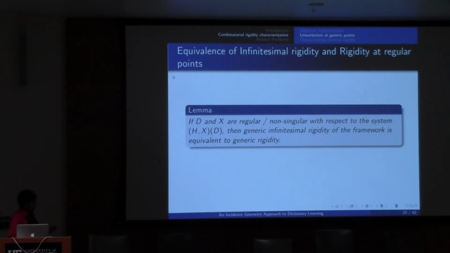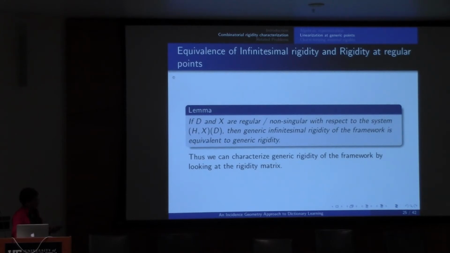That infinitesimal rigidity is the linearized existence of a locally unique solution. And this is basically showing that the linearized existence of a locally unique solution is identical to the actual existence for this polynomial system under the condition of genericity, right?